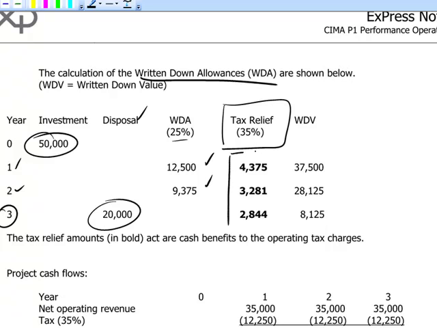Now these numbers in bold are the actual tax savings which we derive in the calculation of the written down allowances, and these are relevant from a cash flow point of view.